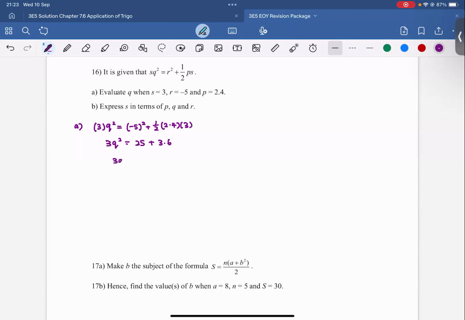So 3Q square is actually equal to 28.6. Q square is actually equal to 8.6 over 3. To find Q, you need to square root. Remember, square root got plus minus.